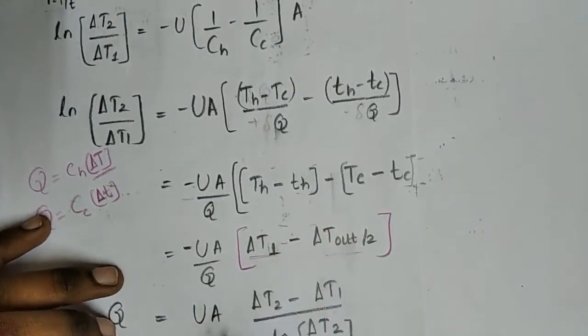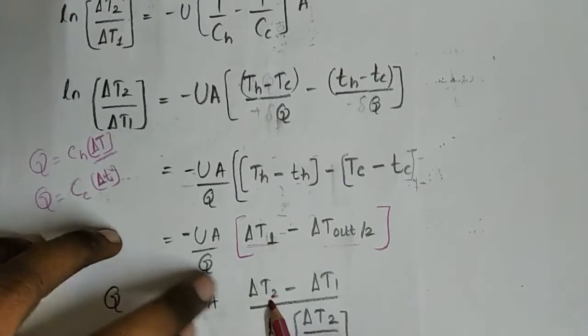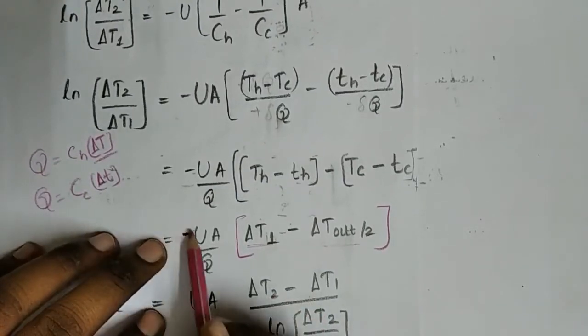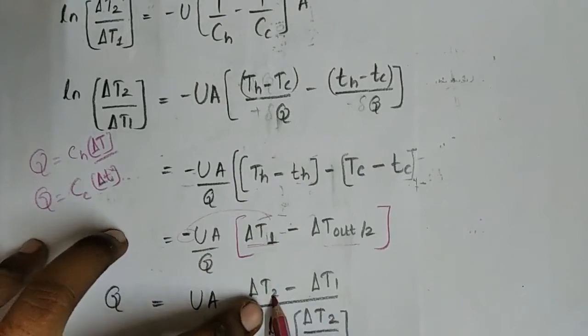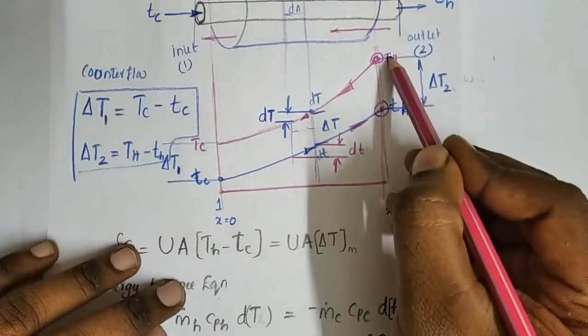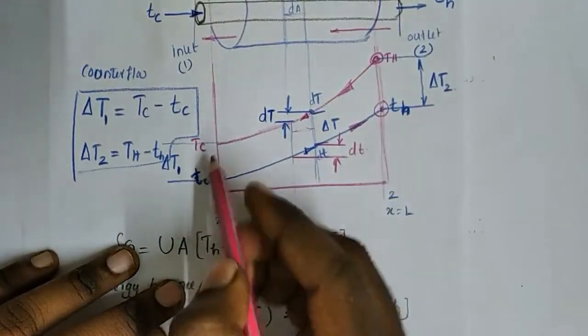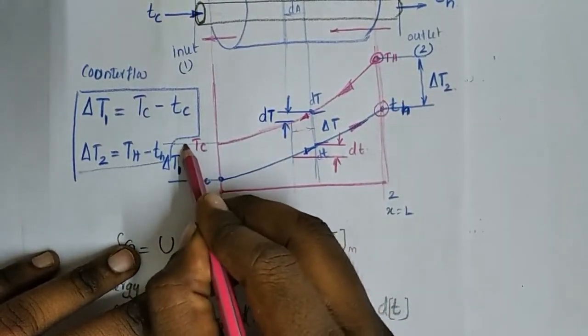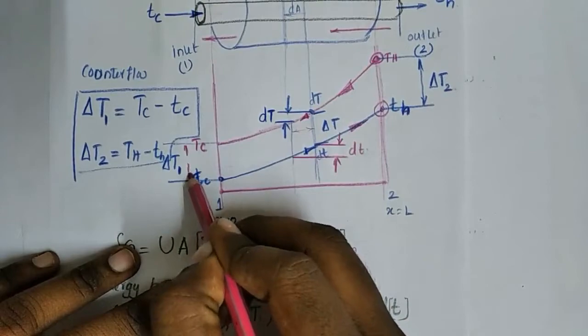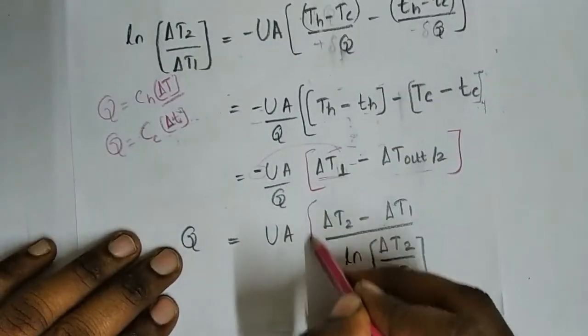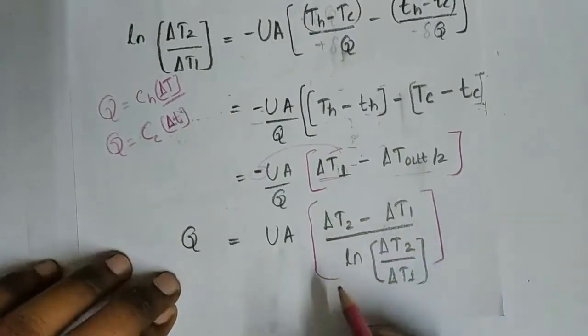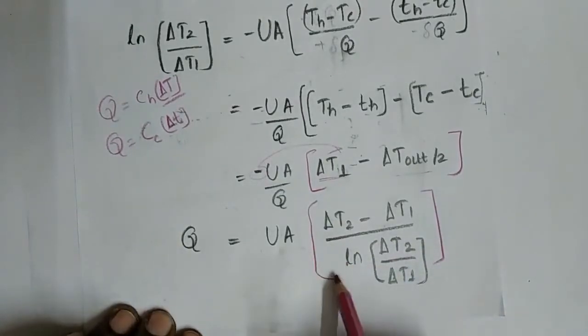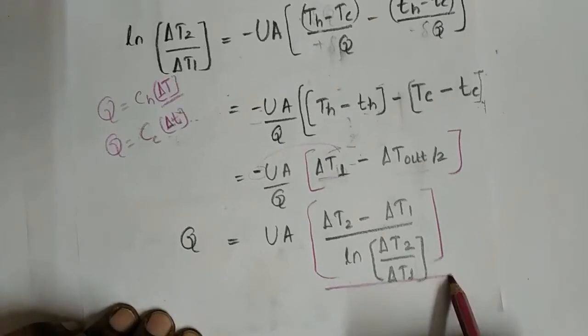Here the minus indicates UA into delta T2 minus delta T1. Here delta T2 is capital Th minus small th, and delta T1 is capital Tc minus small tc. This is the logarithmic mean temperature difference term, that is, delta T log mean for the counterflow heat exchanger.